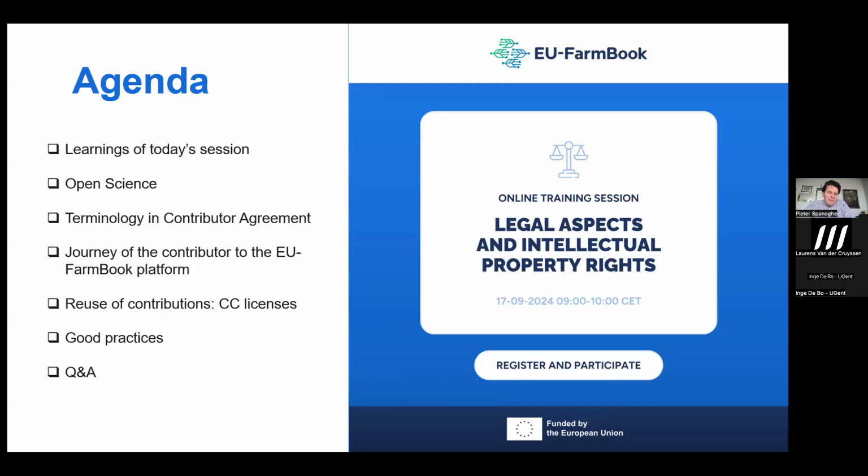Step by step, we will show you how to do the job. And then, if you want to reuse that information, what is your duty as a user, as a person that visits EU-FarmBook? Can you simply take everything off EU-FarmBook and use it for yourself? The question will be addressed at that time. I will then finally say something about good practices, and then there's time for questions.